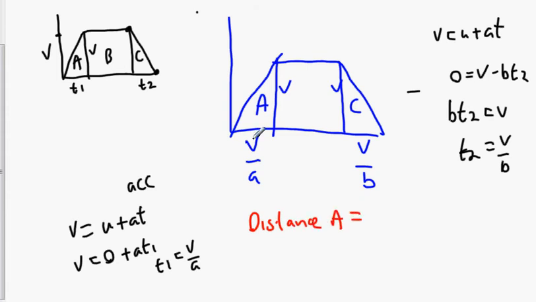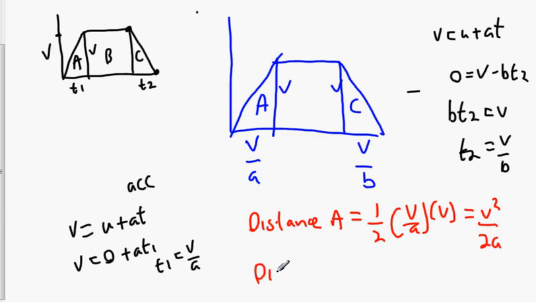It's a half base by height, so it's going to be a half v over a multiplied by v, which is going to get us v squared over 2a. The next one here is going to be distance C, and that's going to be a half v over b times v, which is going to be v squared over 2b.